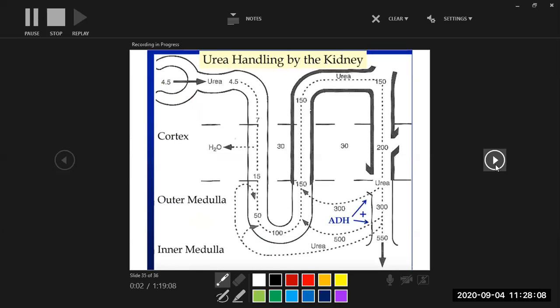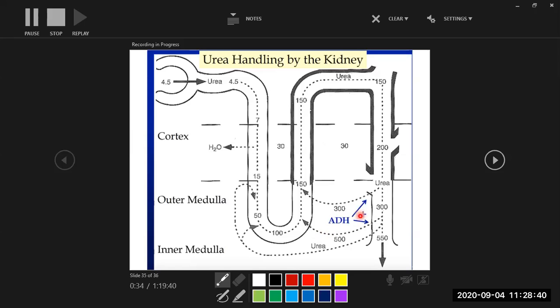So this is the urea handling in the kidney, and you can see that urea here, we filter some through here, but we need some urea to maintain the osmolarity in the inner medulla. So in the descending limb, we secrete some more here, and that urea will then flow down here, and here will be reabsorbed back.